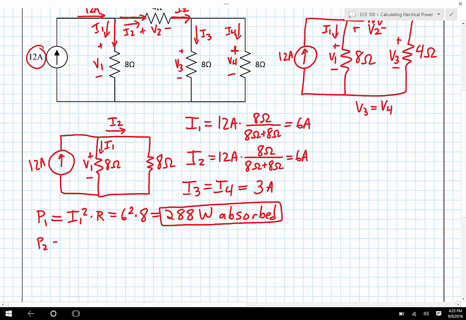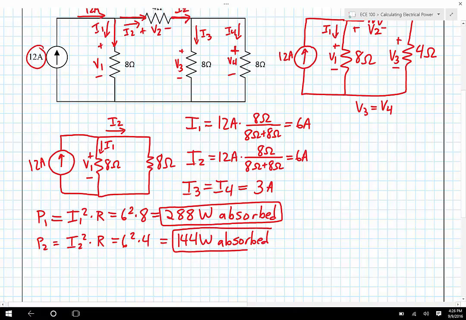P2 is going to be I2 squared times R, which turns out to be 6 squared times 4, which is 144 watts being absorbed. P3, that's going to be I3 squared times R, which is going to be 3 squared times 8, which is 72 watts being absorbed.